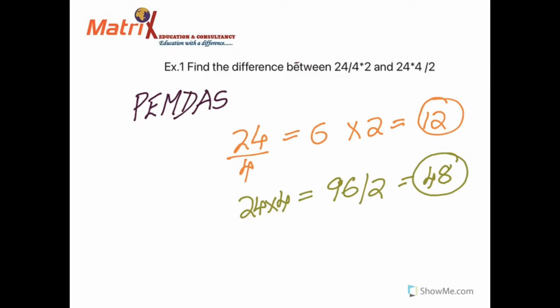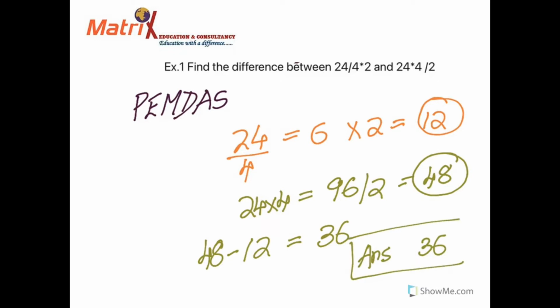The question says find the difference between this and this. Last step, 48 minus 12, and my answer is 36. Their difference is 36.